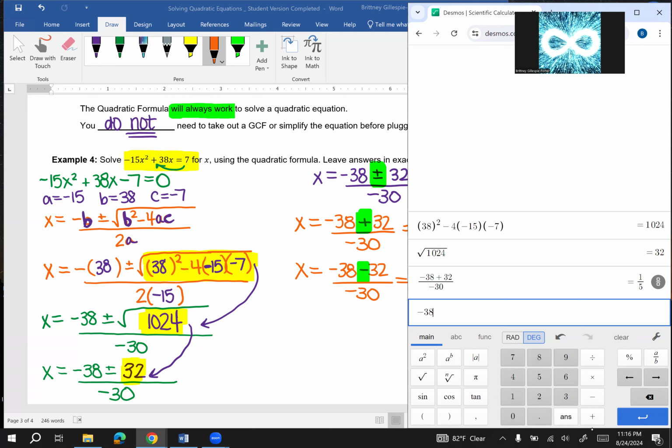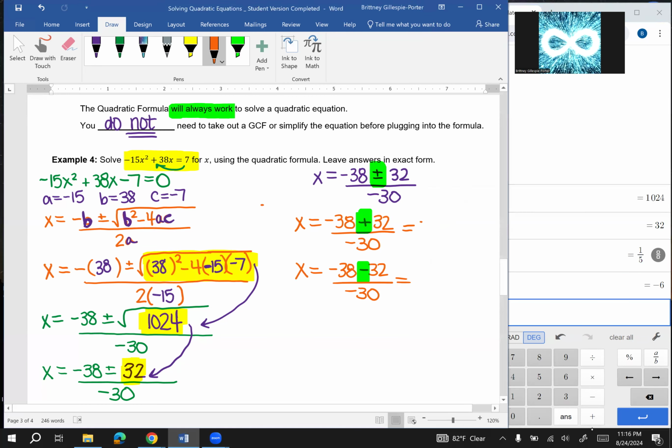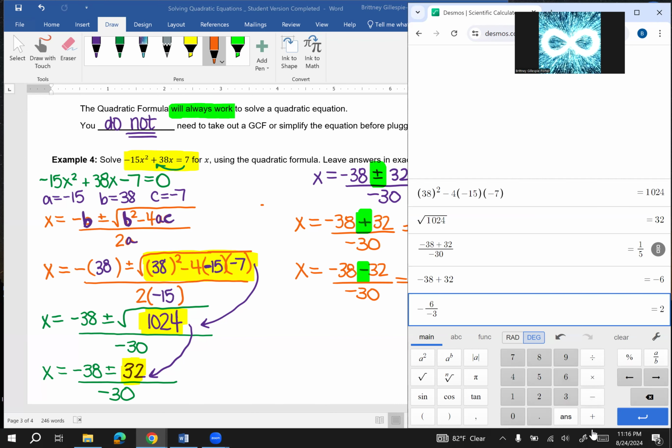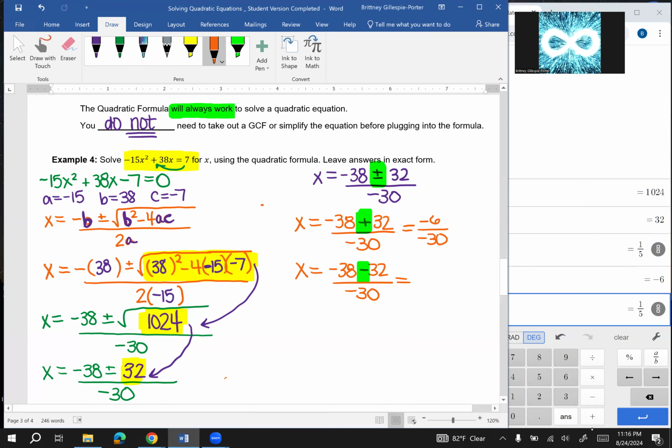We would have -38 plus 32, which gets us -6. -6 all over -30. So -6 divided by -30 gets us 0.2, which is the same thing as the 1/5 we found the first way. So our first answer is x equal to 1/5.